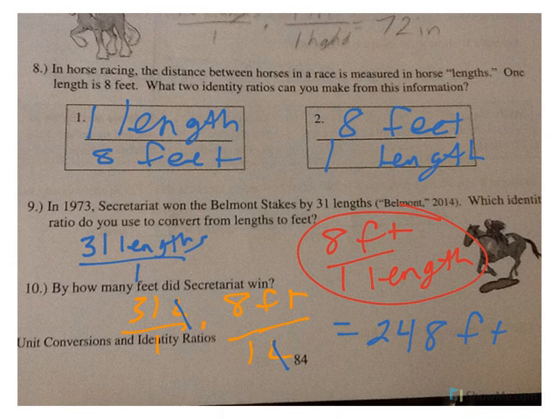If you were starting here with 31 lengths, that means length would be on the top, so you would use the ratio here in red where the length is on the bottom. Then you use that in number 10, by how many feet did Secretariat actually win? Your lengths cancel out, and you are left with 31 times 8, so Secretariat won by 248 feet. That is going to be the end of the first video, which is the intro to conversions.